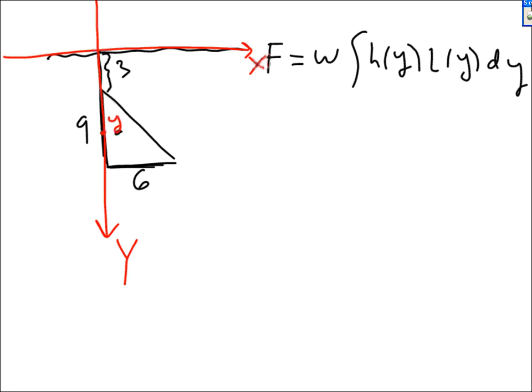That height is y. 0, 1, 2, 3, 4, 5, y. Okay. So the weight is 62.4. H of y is y. Now, what is L of y? The question is, how long is this?